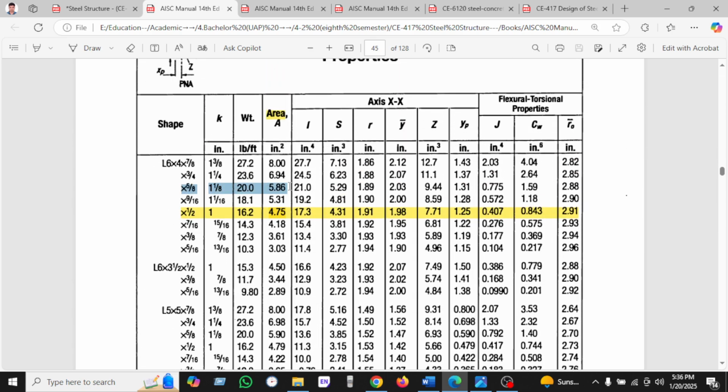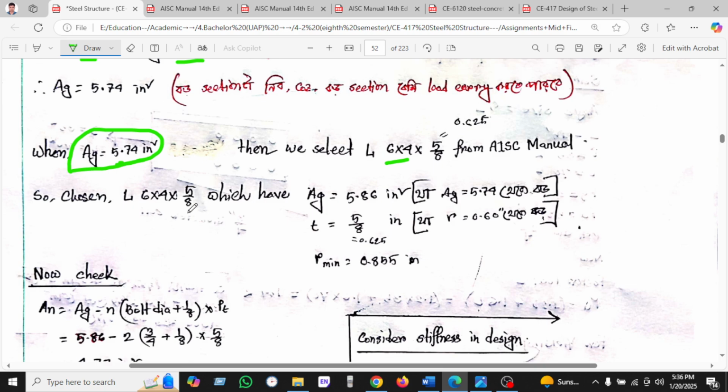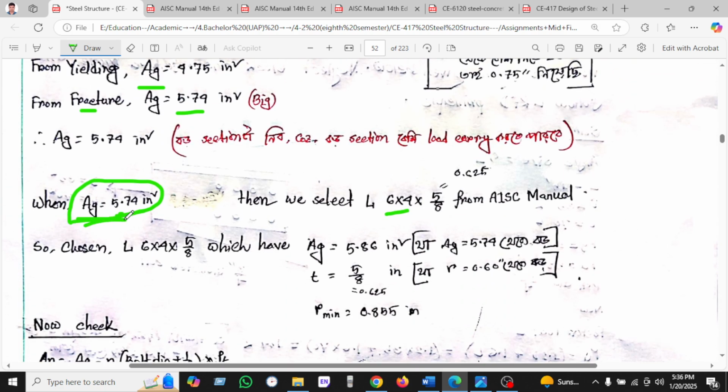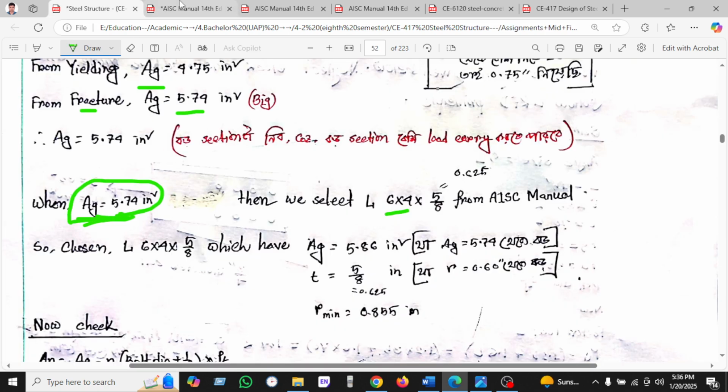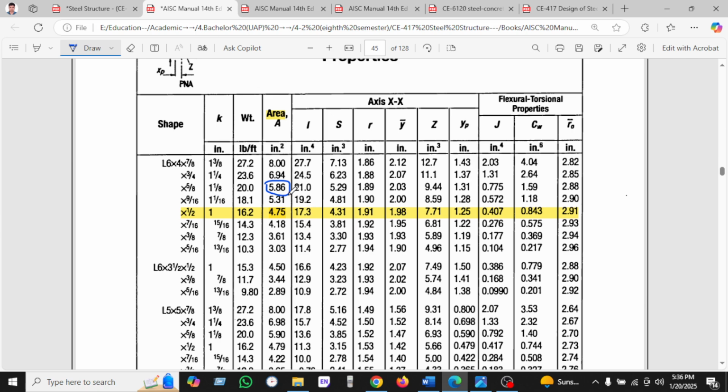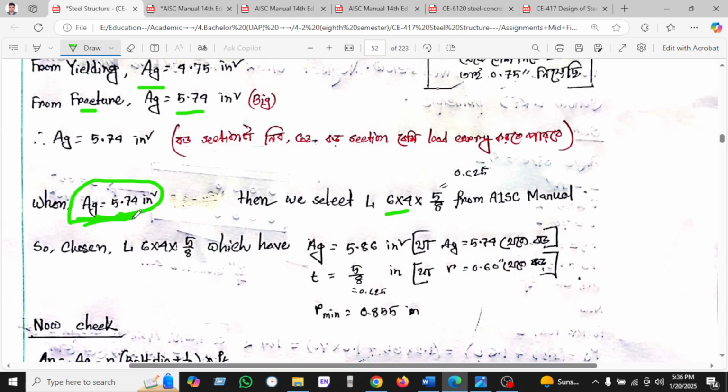As we found the required Ag is 0.75, from the AISC manual we take a value greater than that. So 0.75 we are selecting here as 0.78. So this is the L6 by 4 by 5/8, whose area is greater than 0.75 or close to 0.74.